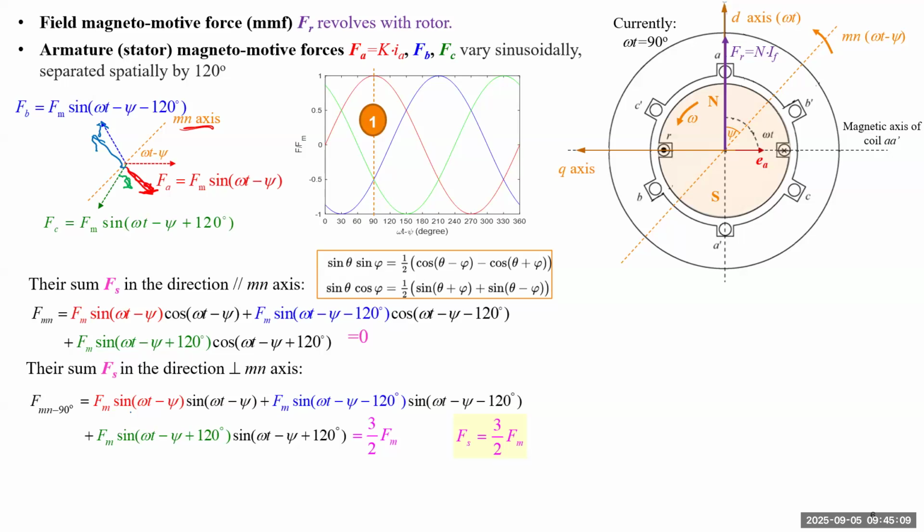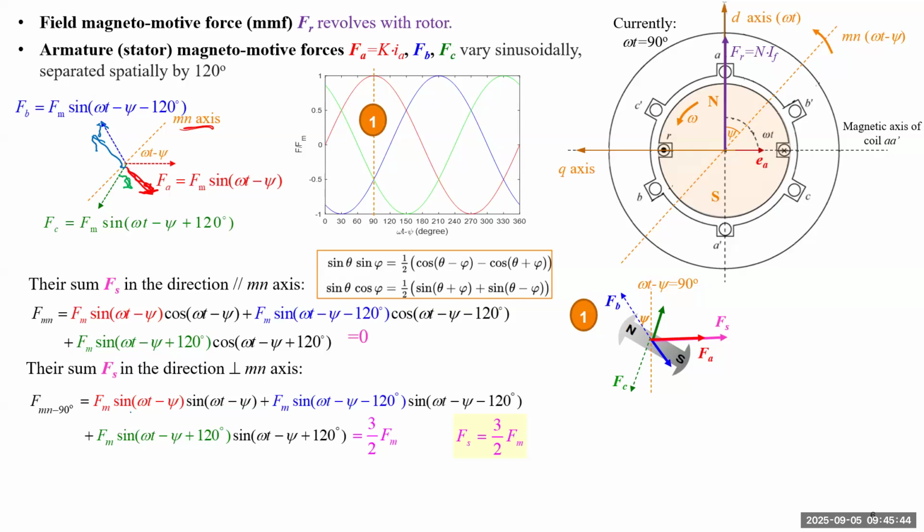Okay, just to give you an idea of what they may look like at 3 different moments. Let's pick this one as the first moment, because we know the positive direction and we know the magnitude value of each F. So we can draw them in the figure and try to determine the total F. For this moment, first, the direction of the MN axis is 90 degrees.